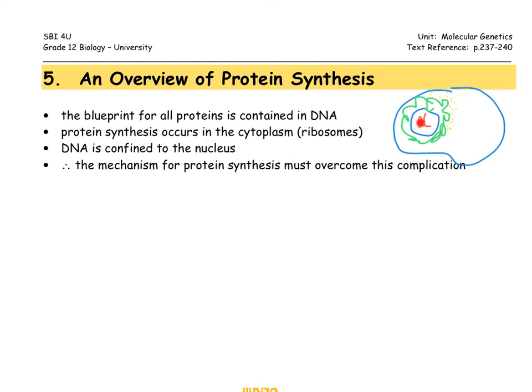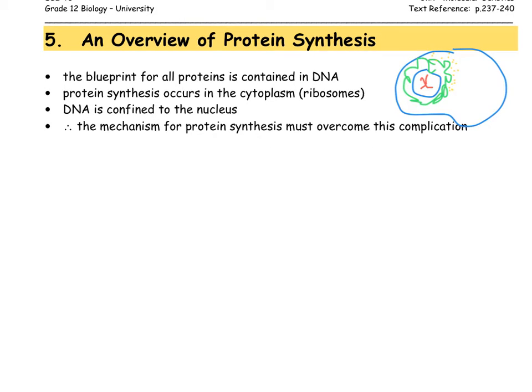DNA is what tells us what the code is for making the proteins on the ribosomes, but the DNA can't leave. So that's a problem. That is a problem that protein synthesis has to somehow overcome. And it does so by a couple of different processes, and I'm going to go into detail about that.